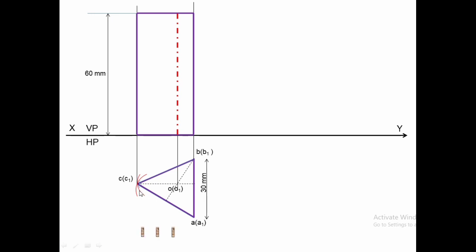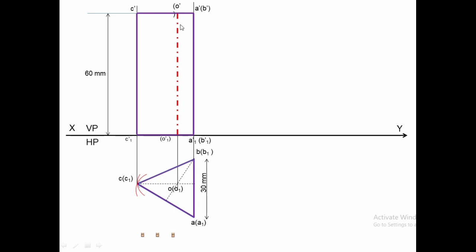From here you can see C1 is seen, A1 is seen, B1 is not seen. ABC will always be marked at the top, A1, B1, C1 will be marked at the base level. So mark it. C1 is seen, A1 is seen, B1 is not seen, so we are putting it within brackets.